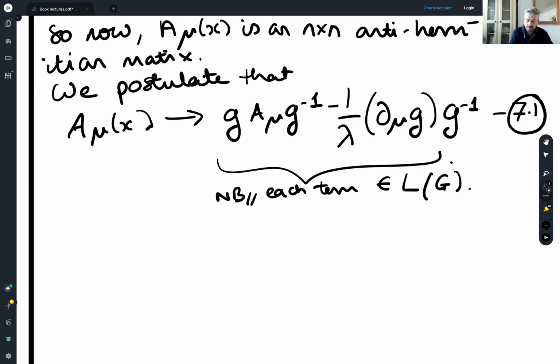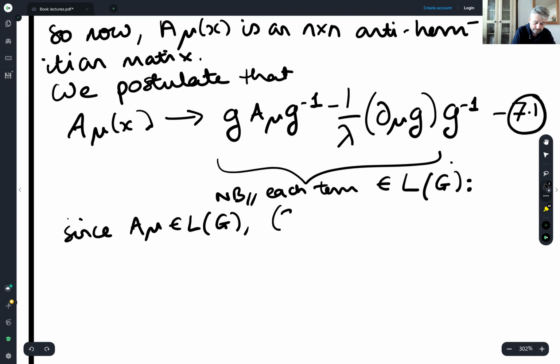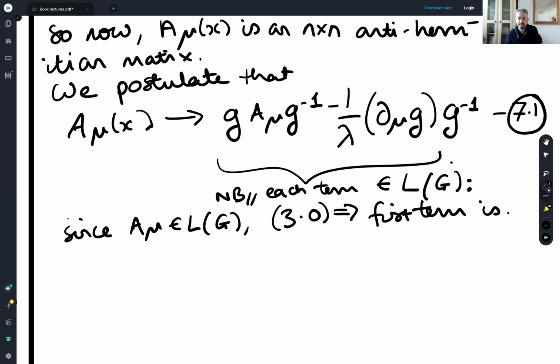So, okay, we're going to show that now. So since A mu is in the Lie algebra of G, in equation 3.0, we showed that this first term was. And the second term is a bit more tricky, and we have to do a little bit of work now.